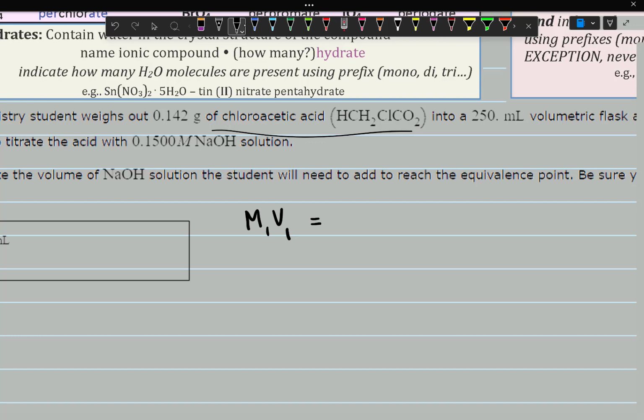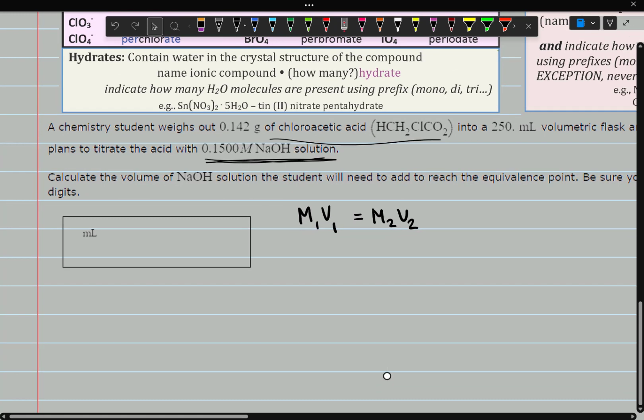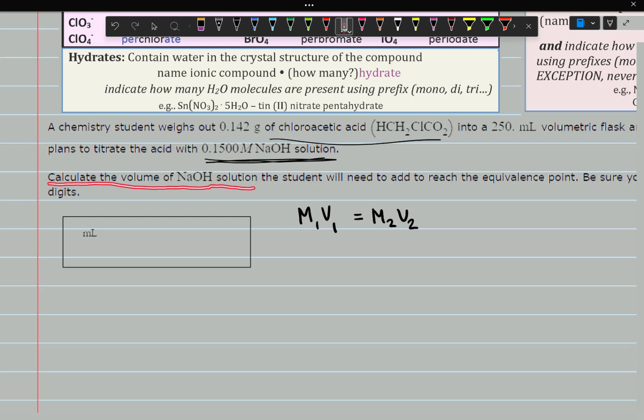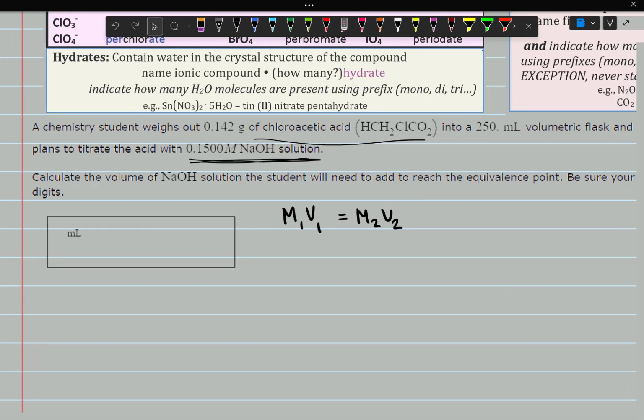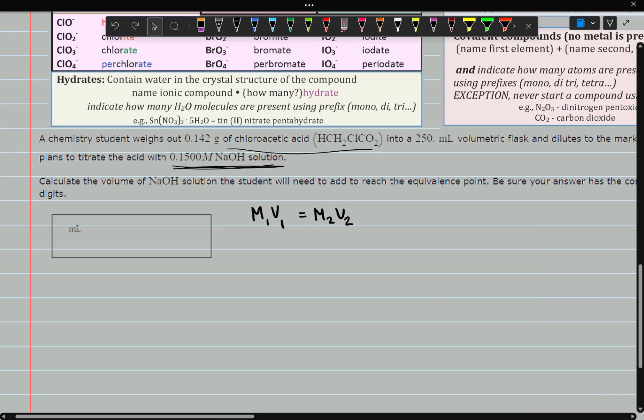And this is going to be equal to M2V2, the molarity of the second thing multiplied by the volume. The molarity of our second thing is this hydroxide solution. So we have an acid and a base, and we want to calculate the volume of this sodium hydroxide solution. So that's going to be V2, right? We're going to calculate the volume that the student needs to reach the equivalence point.